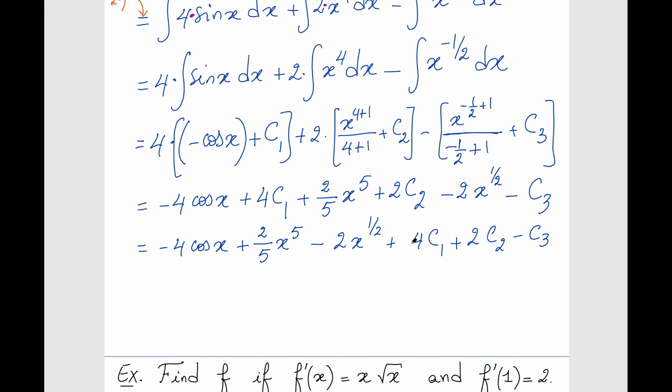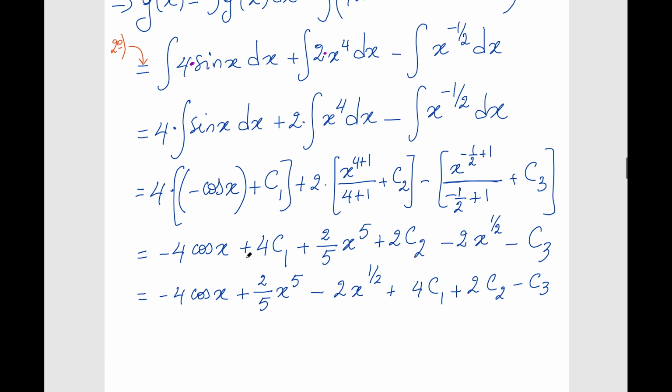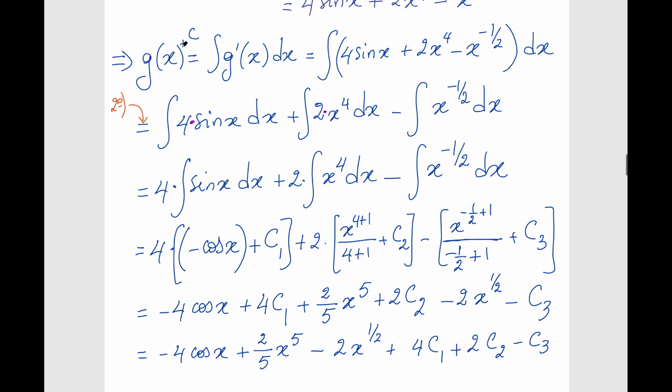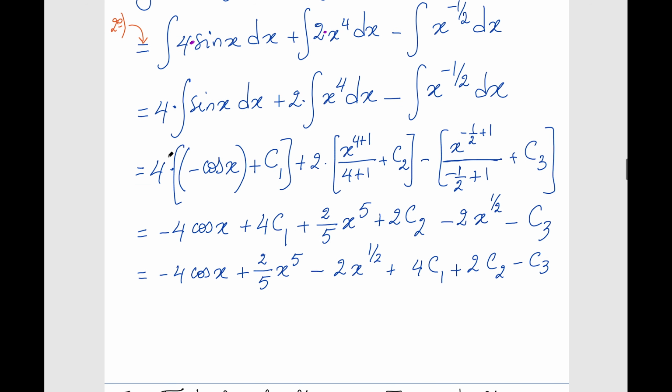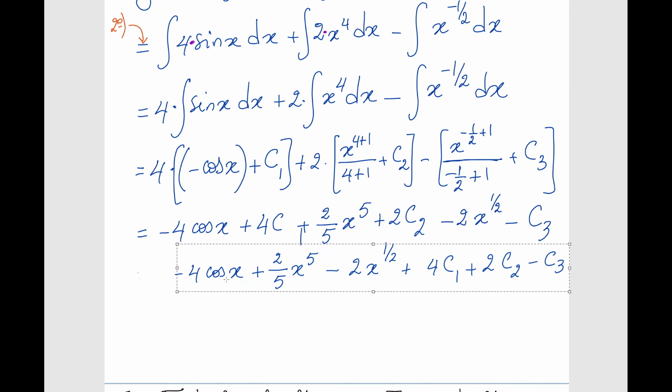Am I correct? And what is that thing equal to? It was equal to gx plus c. Let me erase this to make some room. Okay. So this is gx plus c that equals that, right?